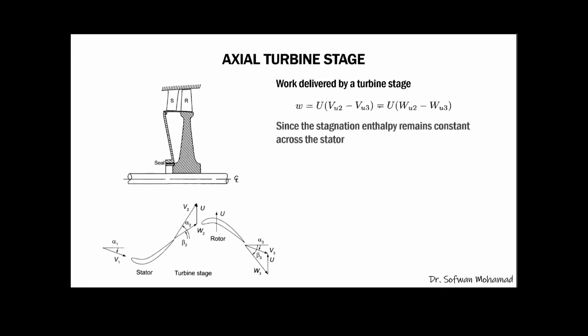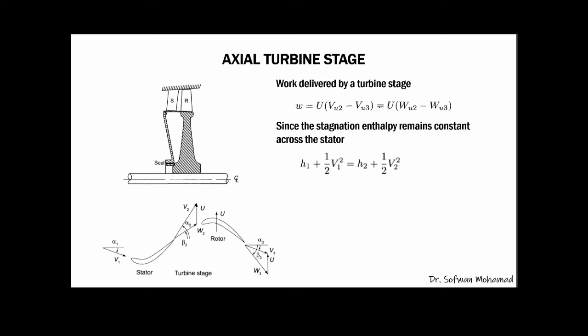And since the stagnation enthalpy remains constant across the stator, the energy equation can be simplified to this equation. You can see here there is no more stagnation enthalpy term in this energy equation.